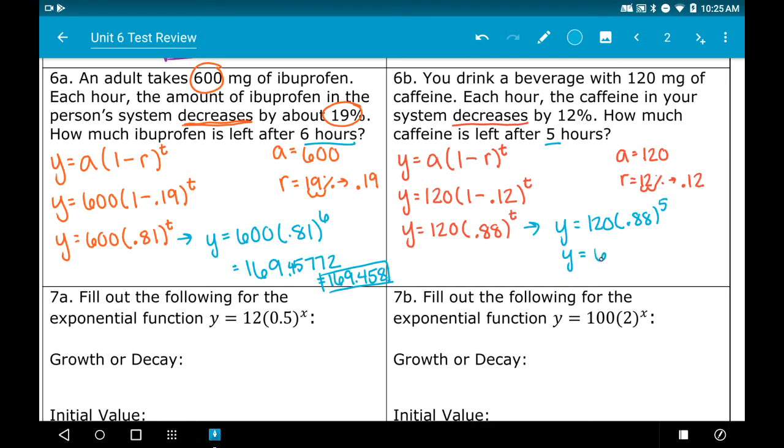And you get 63.32783. But we only need 3 decimal places, so y equals 63. We're going to take this 8, and that's going to make this 7 round up to an 8. So 63.328. Now, if this was money, you would need to make sure that you only have 2 decimal places. And if it was a living thing, you should make sure that it is a whole number.